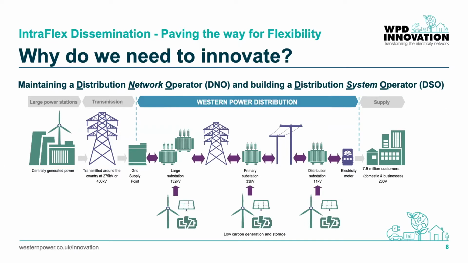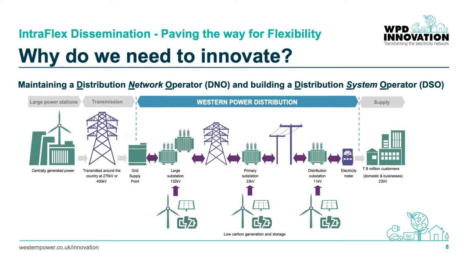The whole grid is changing, as I'm sure you know. It's changing as we decarbonise and we change use with electric heating and electric transport. And I'll go on to talk a little bit more about what that means and where flexibility fits in a moment. But basically for me, it's all about making the demand follow the generation.